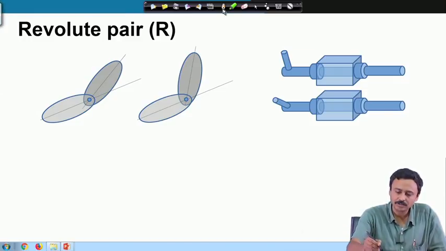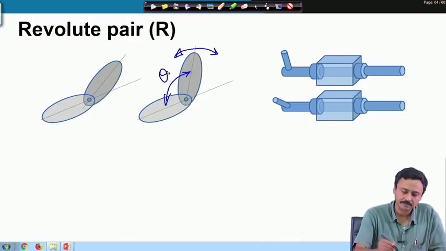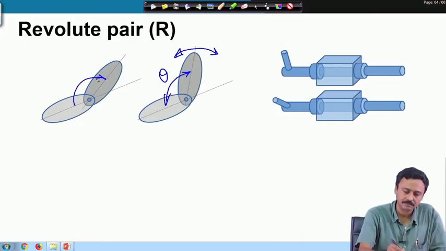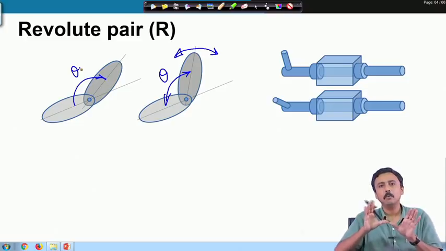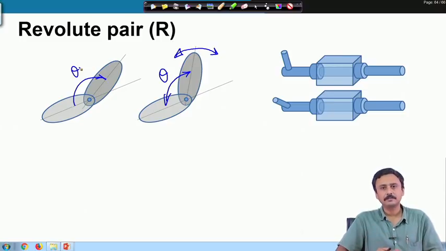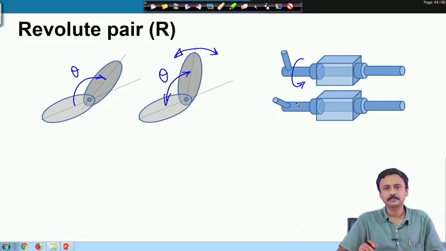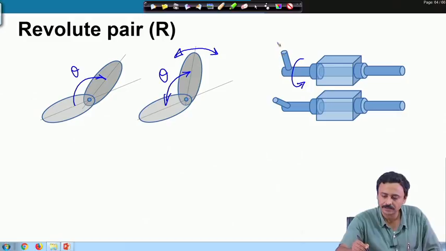So, a hinge allows this rotation, and you have this relative motion between these two rigid bodies tracked by this angle. Here, for example, it is this rotation, so tracked by the angle.